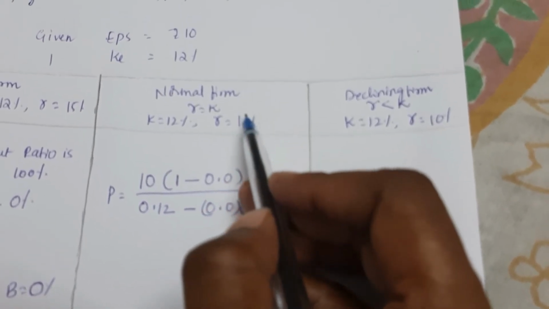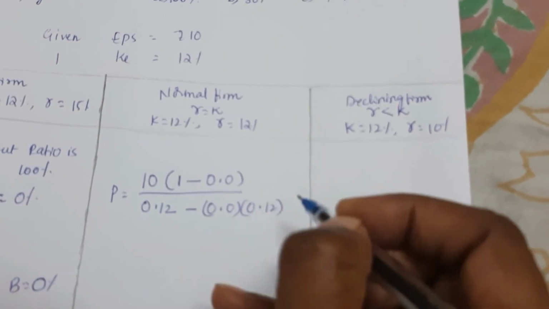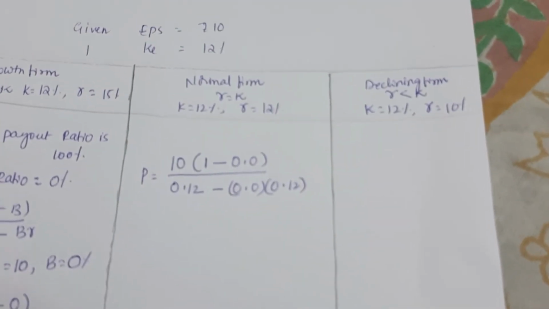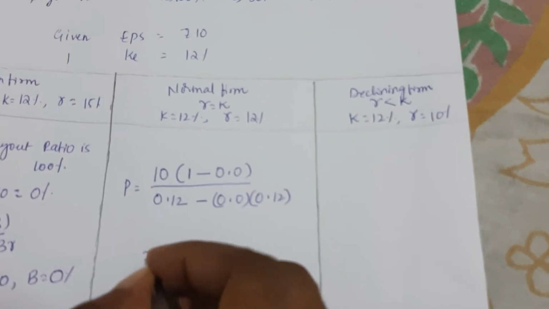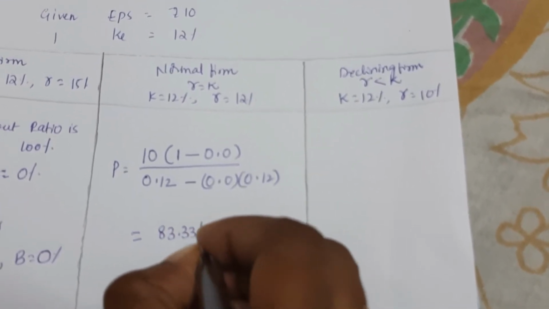Rate of return in the case of normal form is 12%, and it can be written as 0.12. And if we solve, we will get 83.33 rupees.